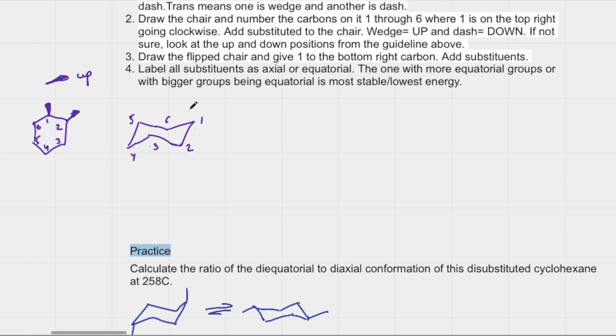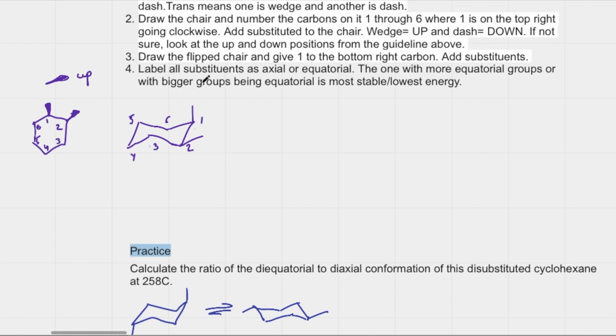But 1 is straight up, so I draw straight up. Straight up. What about 2? 2 is up also. Where is up on 2? It's parallel to this line. So this must be 2. So that must be my chair.